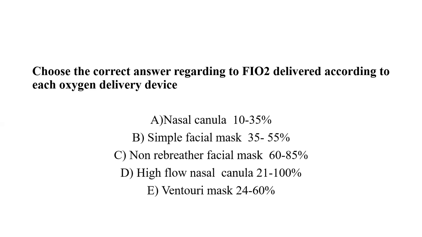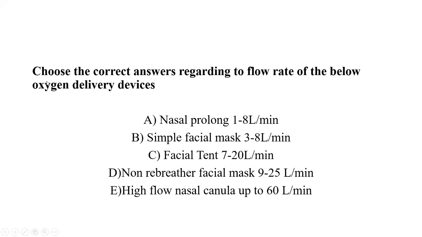Okay, IT, can you go to the previous slide and have a look? Because on the previous slide, you said that non-rebreather face mask is 60 to 85, but we saw that non-rebreather mask gives 80 to 95 as the FiO2. You see that high flow nasal cannula can give, according to the slide, 21 to 100.